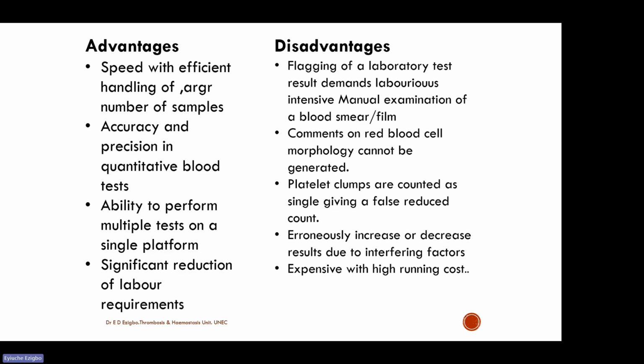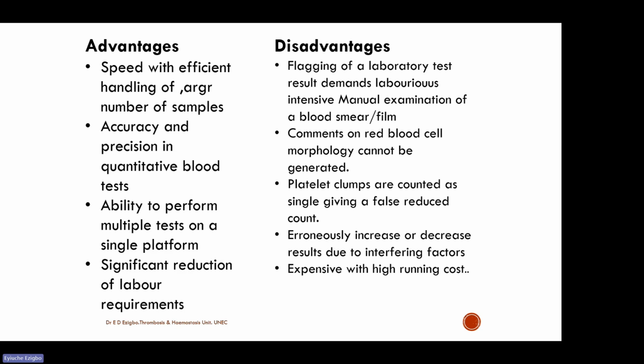When they flag a particular subset of cells, because they were not able to characterize the cell perfectly, the scientists will now start the work of going back to the manual process to do the film and be able to identify those cells that the machine was flagging.